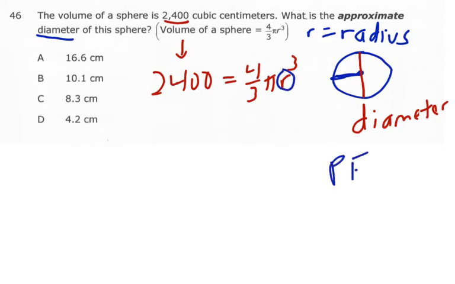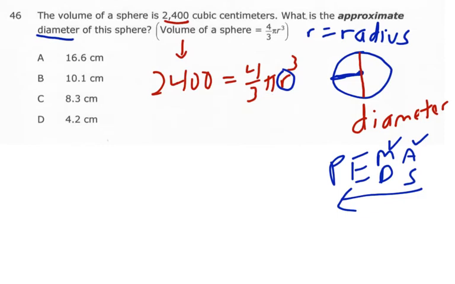So I'm using PEMDAS in reverse because I'm solving an equation. So do I have any add or subtract? No. Do I have any multiply or divide? Yes, I do. So I'm multiplying that pi number and I'm multiplying the 4/3. Okay? So I'm going to get rid of those first.